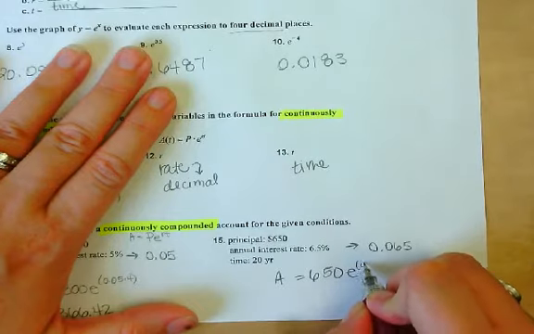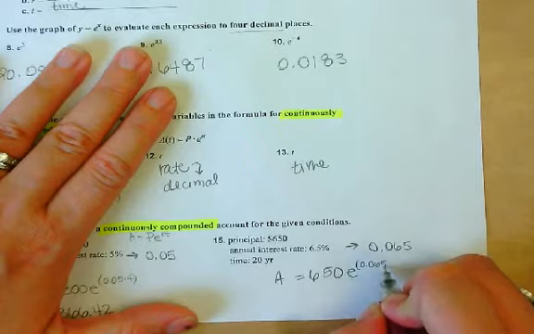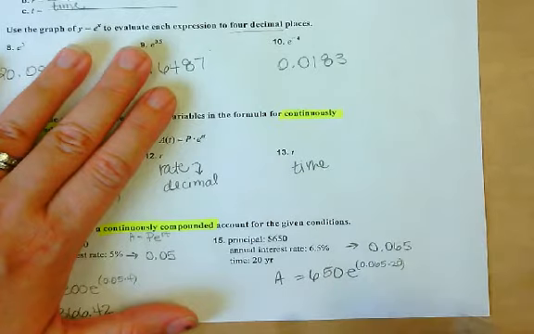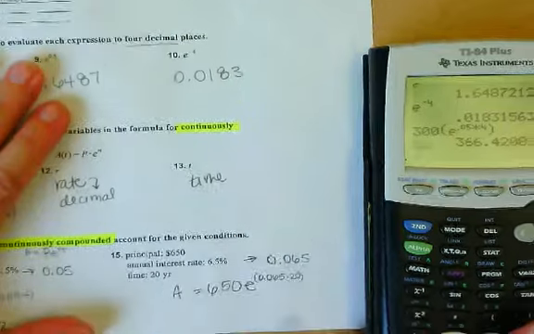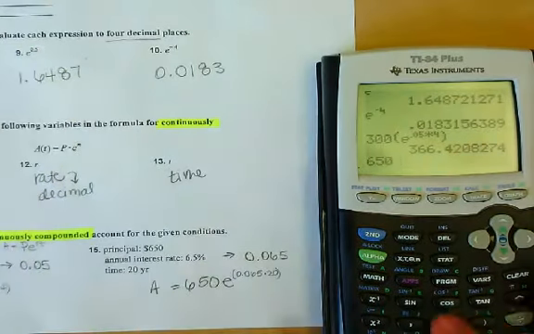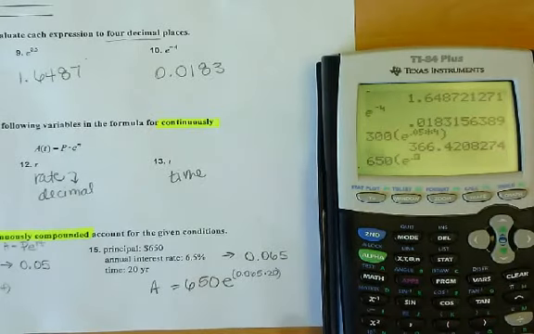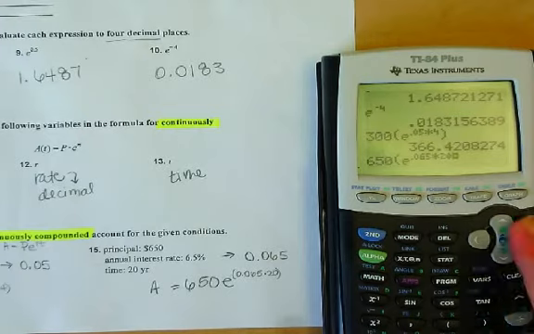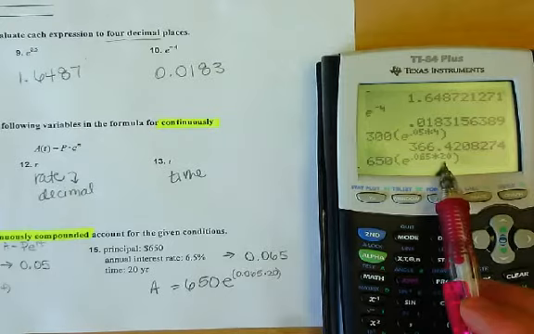So that becomes an exponent, 0.065 times 20. In my calculator, all I'm going to do is put in that value. So 650 times e raised to the 0.065 times 20. Notice that in my calculator, all of this went together.